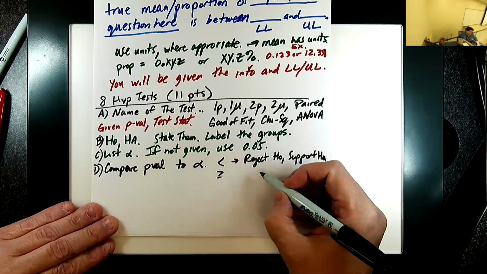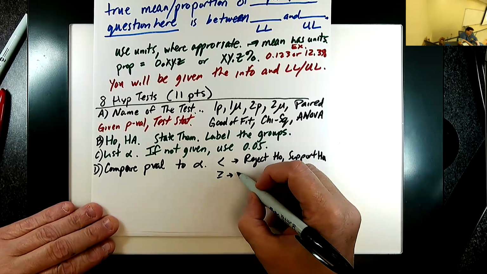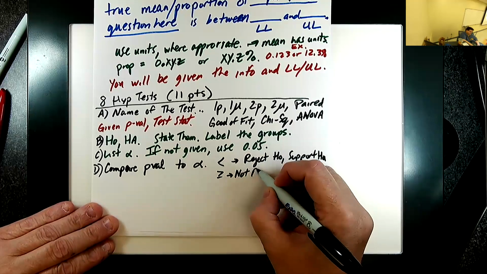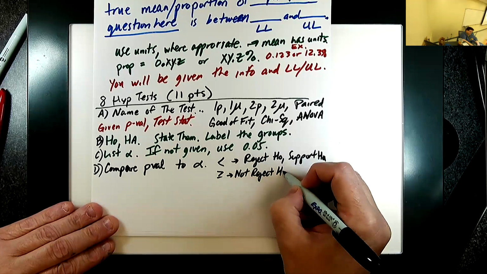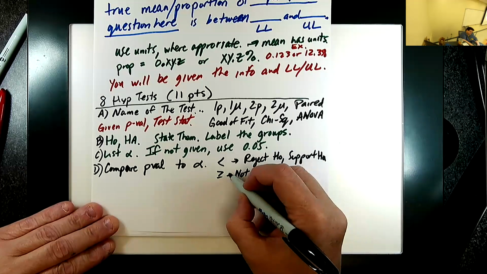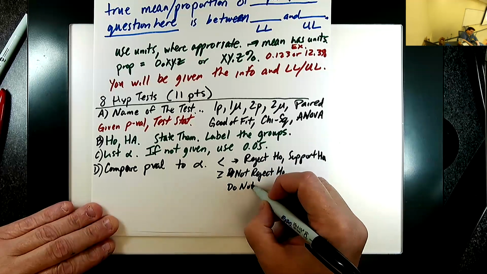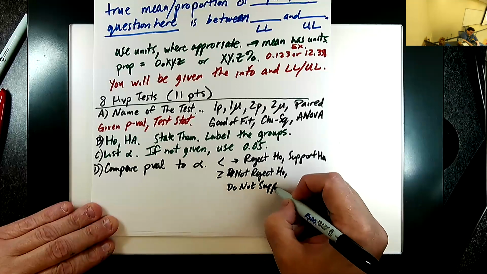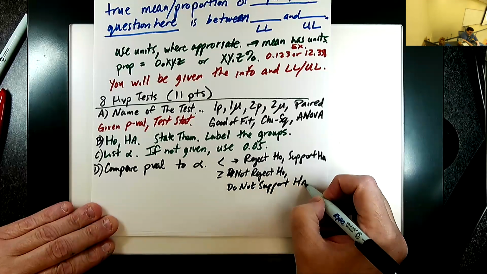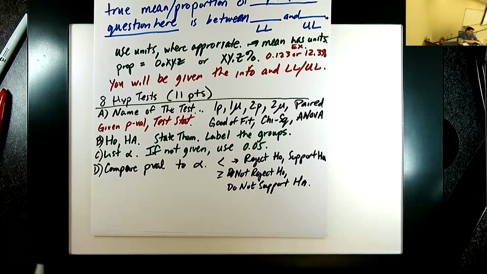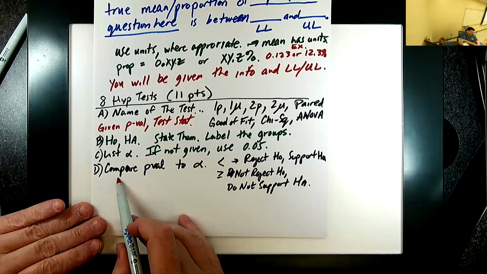If it's greater than or equal to, write do not reject H naught. There should be a do in there. Do not support HA. The compare the p-value to alpha is essential.